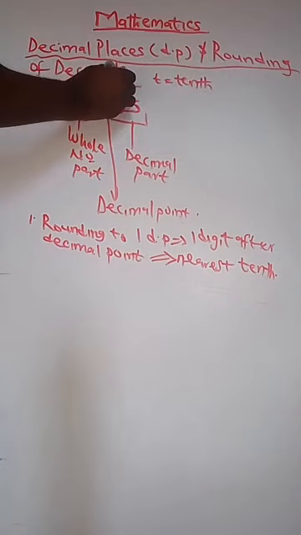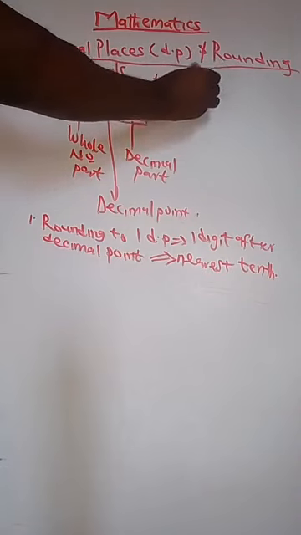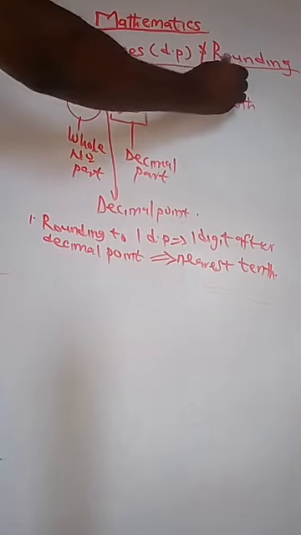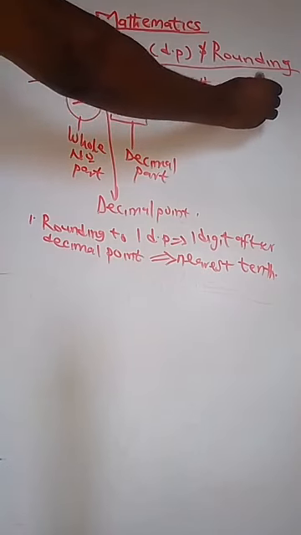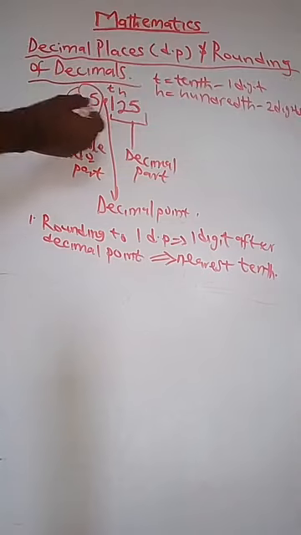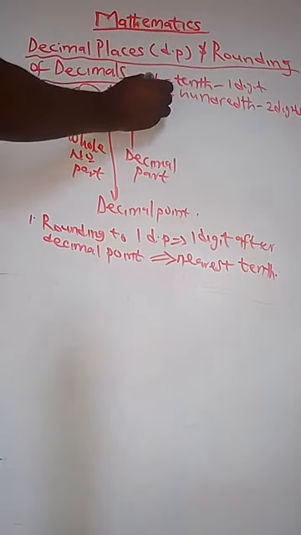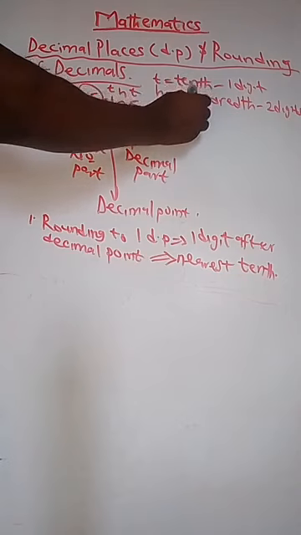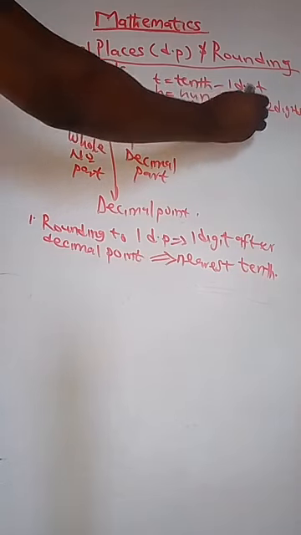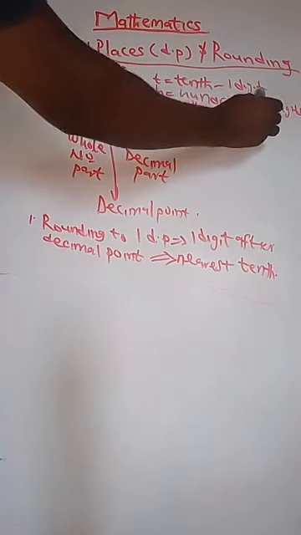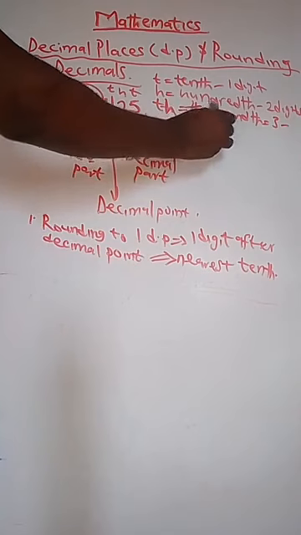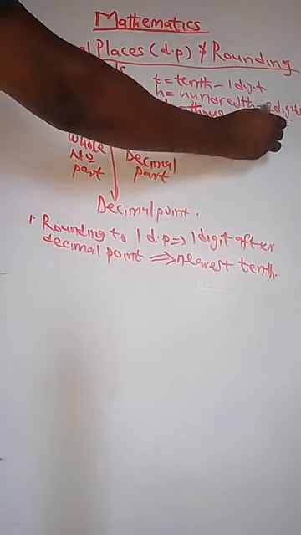The next one is hundredth, right? Means 2 digits after the decimal point. This is 1 digit after the decimal point. This is 2 digits after the decimal point. This is thousandths, which means 3 digits after the decimal point.